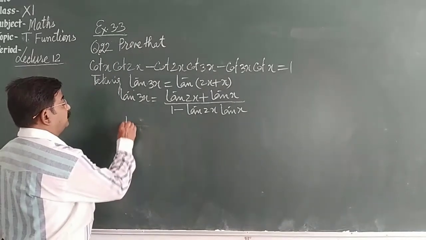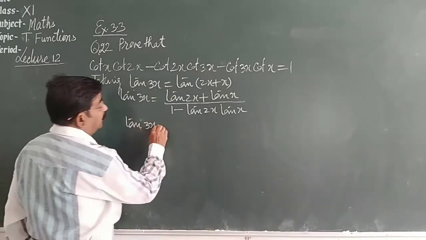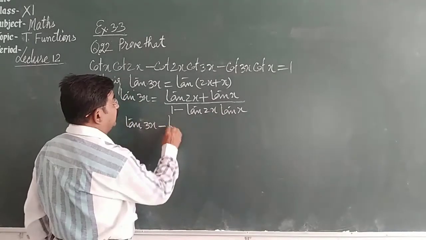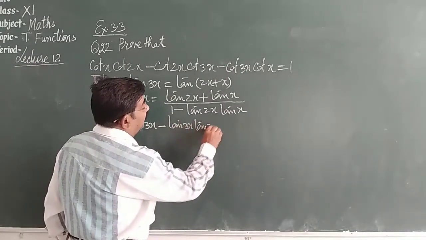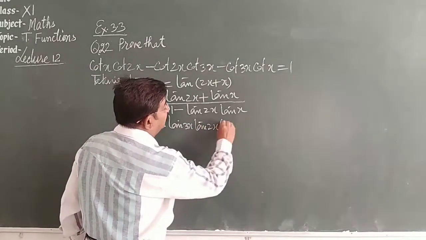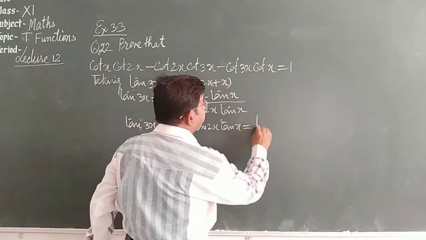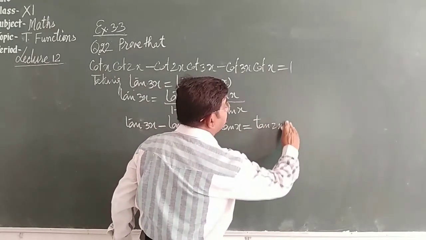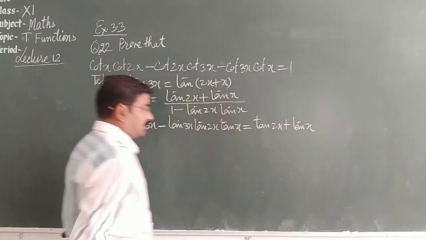See, multiplying tan 3x, ones are tan 3x minus, here we have tan 3x tan 2x tan x is equal to, this side we have tan 2x plus tan x.